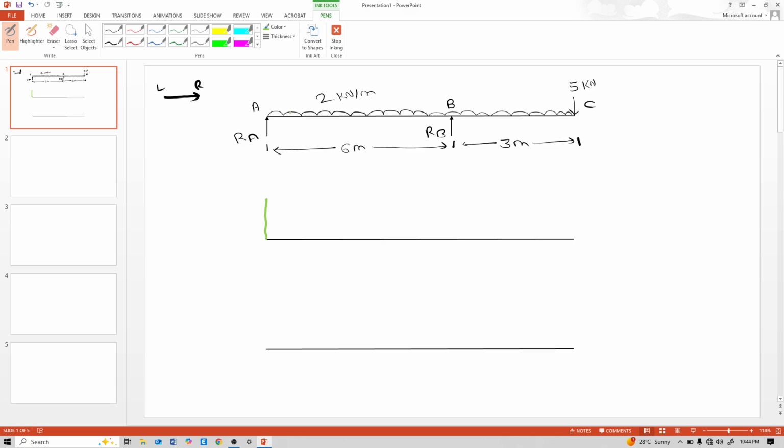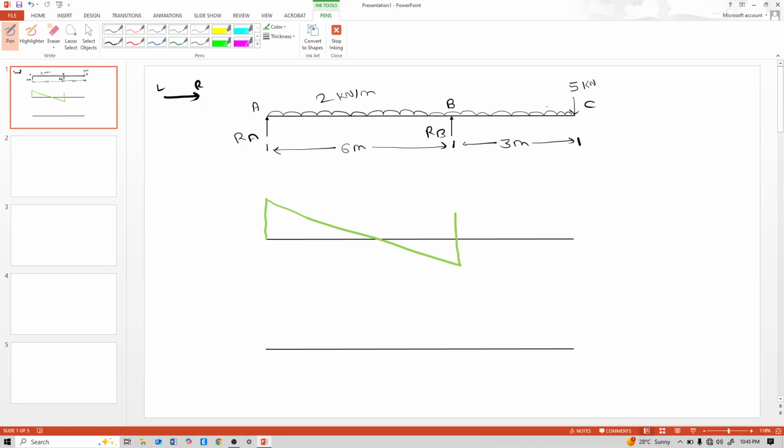Then after reaction RA, see this loading. The A to B portion loading is uniformly distributed loading. Due to uniformly distributed loading, the shear force line is an inclined line. So this is like this. Then see support B is a vertical reaction, so this is like this, upward due to the vertical reaction.